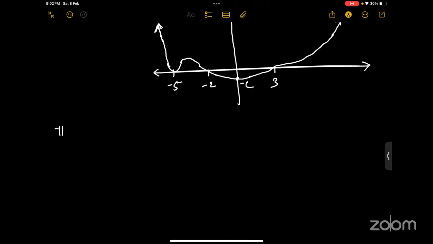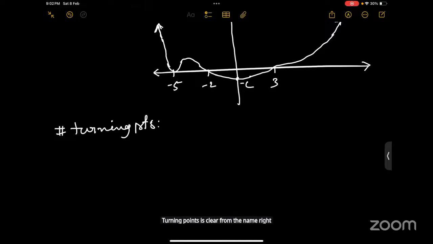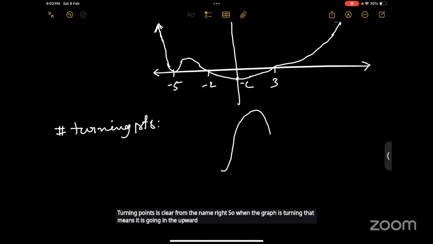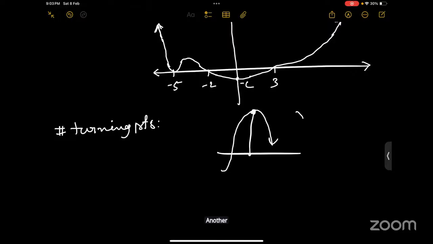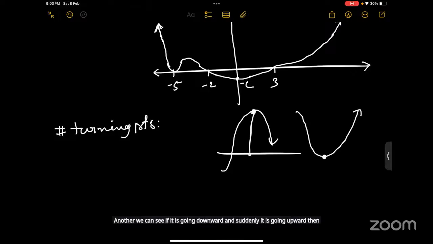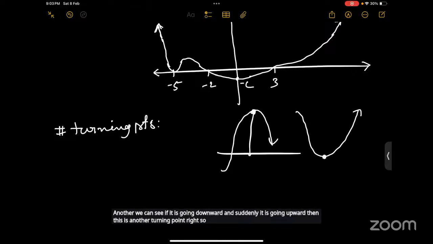Okay. Next we have turning points. Turning points is clear from the name, right? When the graph is going in the upward direction and suddenly turns back and goes downward, this is one turning point. Another is when it is going downward and suddenly goes upward, then this is another turning point. So whenever we consider a point as a turning point, we will get a U shape at that point.